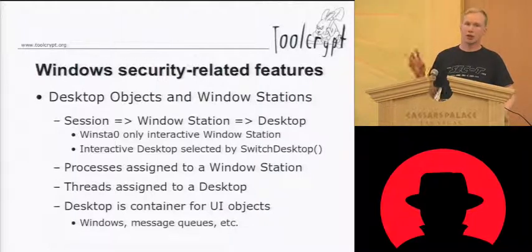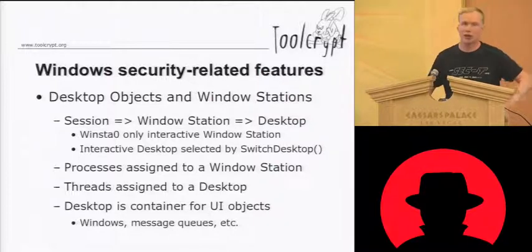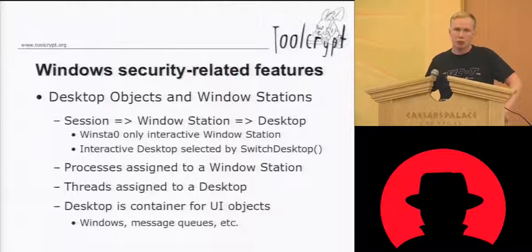So basically, two processes that have windows open on the same desktop have a way of talking to each other without there being any security involved at all. So they can, for example, post messages to each other's message queues, and these messages can be quite nasty. If you look up what's called a shatter attack, you can see what happens when a process posts messages to the message queue of another process that might have higher privileges. It can get it to do nasty stuff.